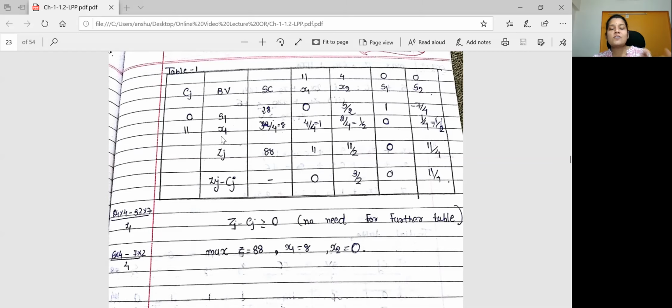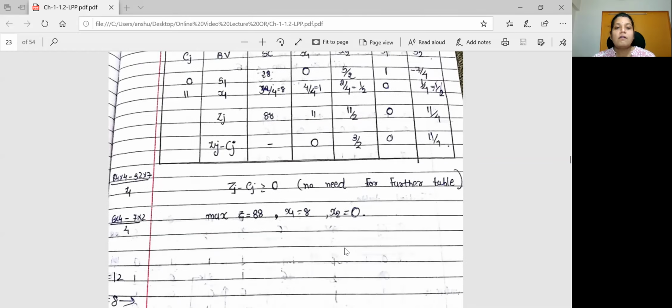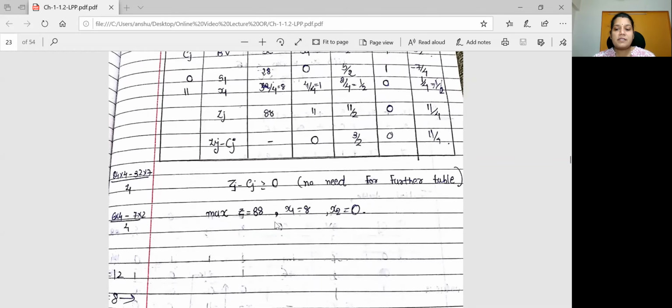Okay, in our solution the constant is the value of the basic variable. So x1 is equal to 8 and there is no value of x2. x2 यहाँ पर नहीं है. So we consider by default x2 is equal to 0. So we write x1 is equal to 8 and x2 is equal to 0. Put all these values in our objective function, then we get maximize Z is equal to 88.